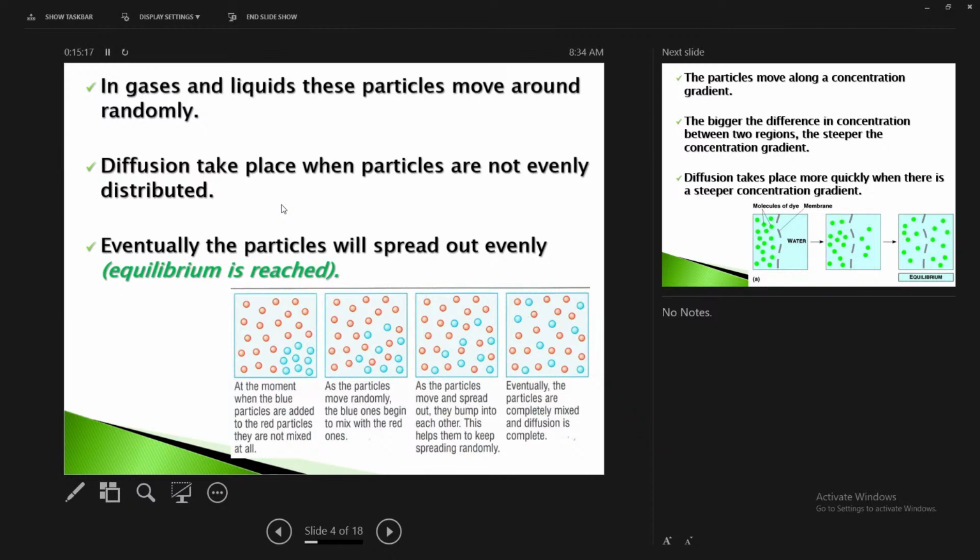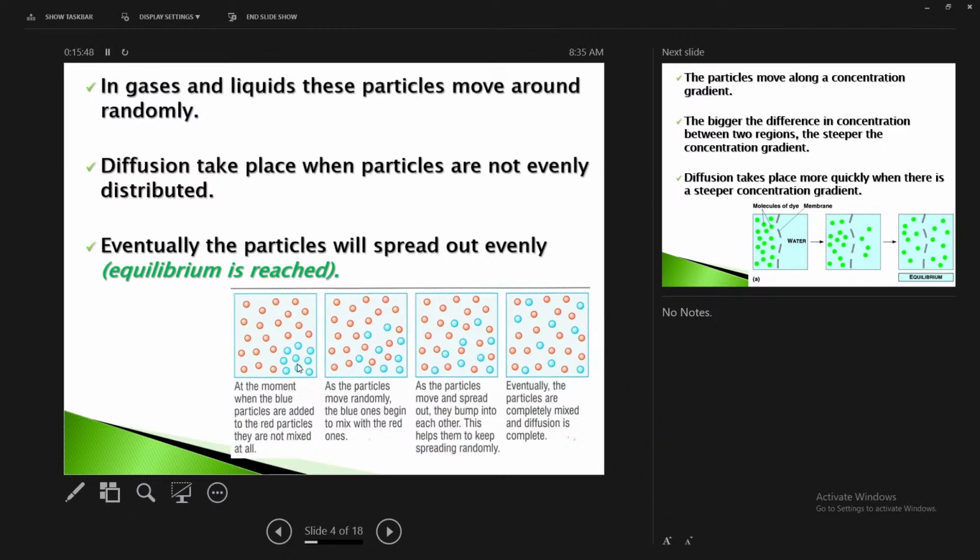So in the first box, if I should ask you where is the place of high concentration for the blue particles, then you should tell me that it is in the bottom right corner. Why that is a place of high concentration for the blue particles is simply because that's where you have most of the blue particles.